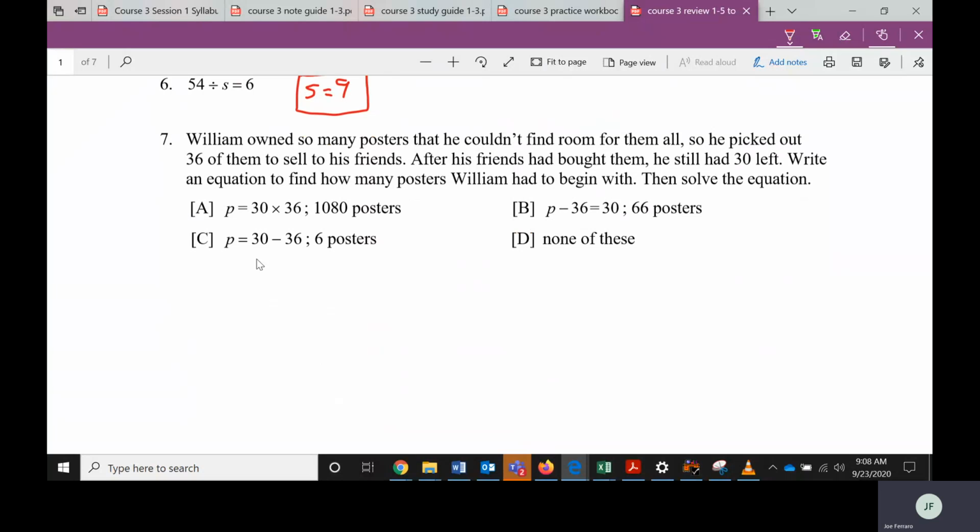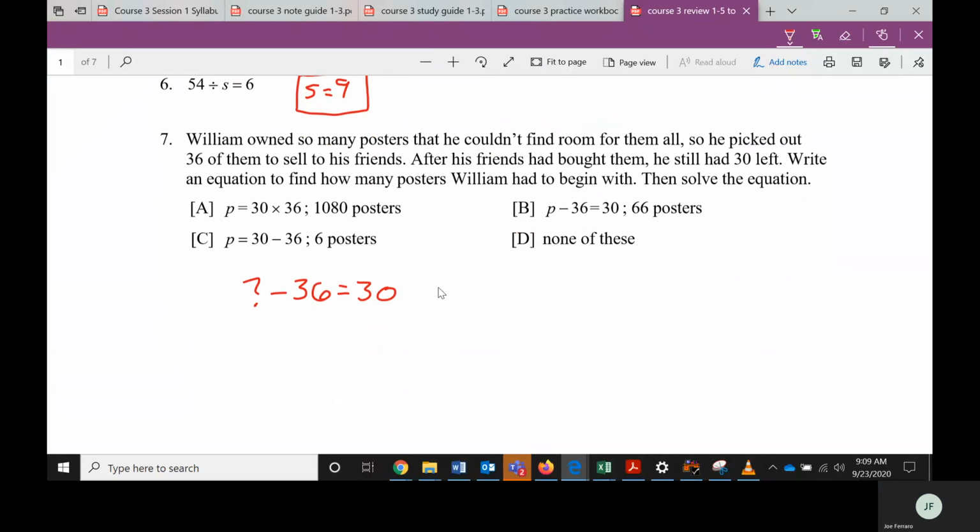So he had some posters. He got rid of 36 of them, and that means he had 30 left. There's a couple with subtraction in here, and they even give you the choice none of these.